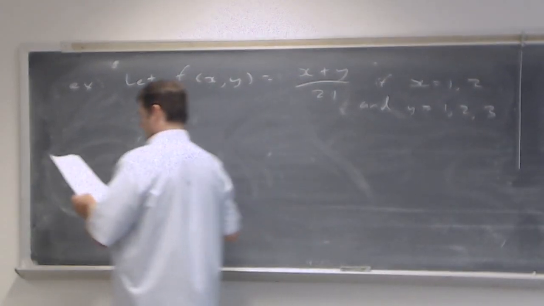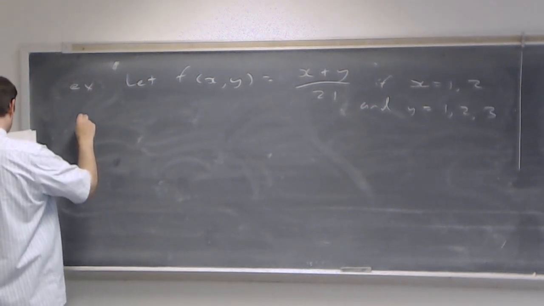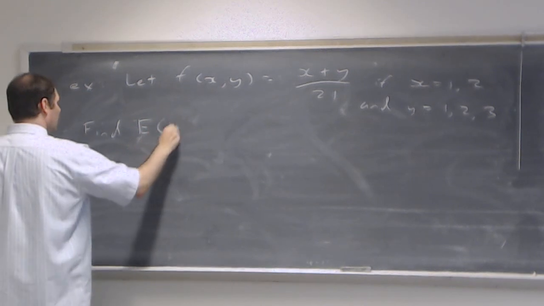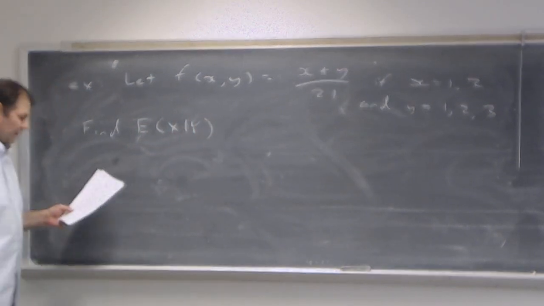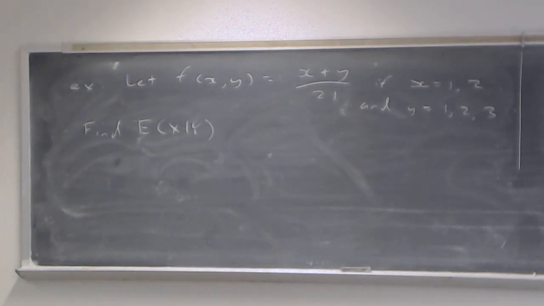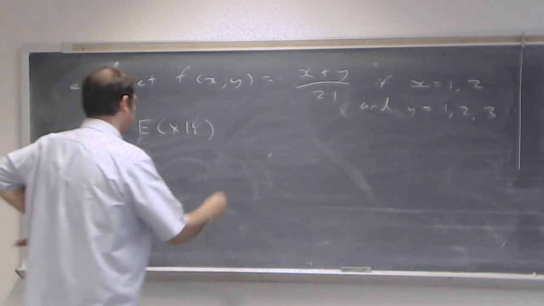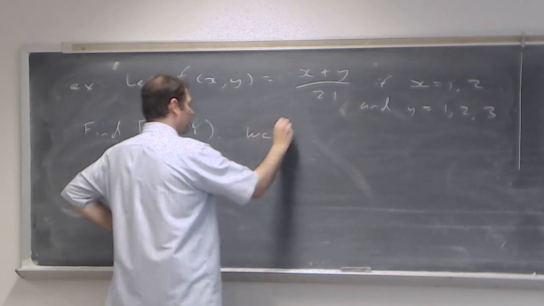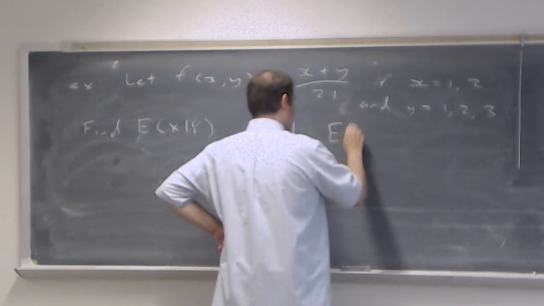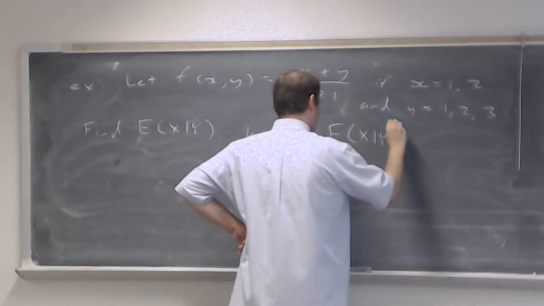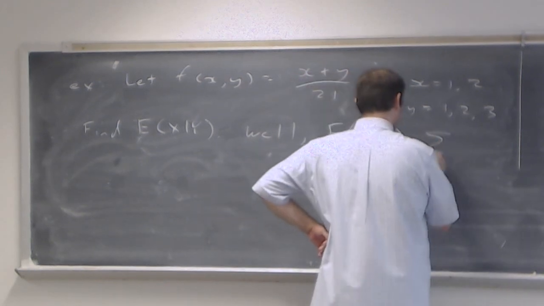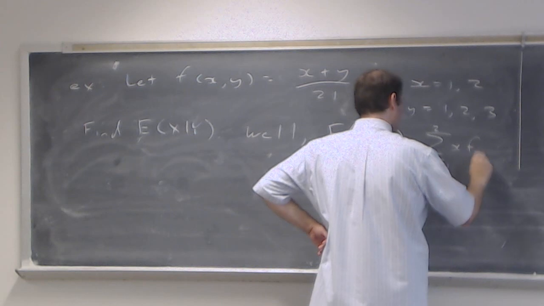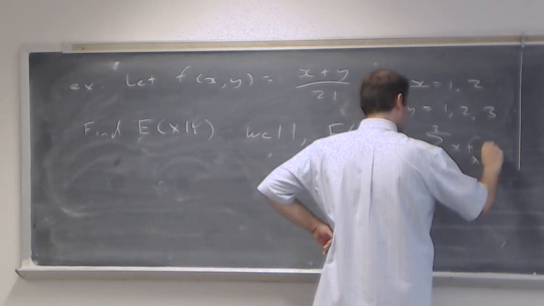And so here's what I'm asked to find: the expected value of x given y. Okay? And so here's what I say. Well, by definition, the expected value of x given y is equal to the sum as x runs from 1 to 2 of x times f of x given y.